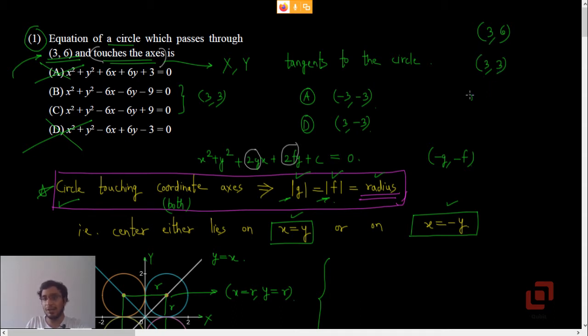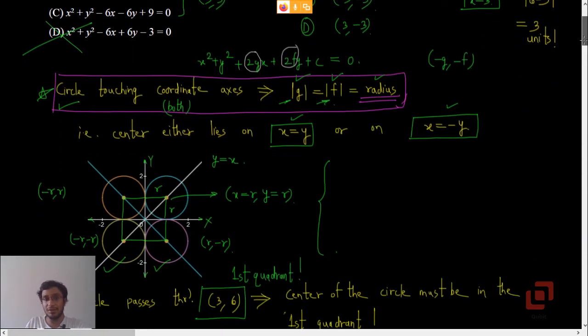Yes, both are equal to 3. So how far is this point, let's call it A, from the center of the circle? The distance between these 2 points is going to be the mod of the difference between the y coordinates. Yes, 3 units. So we automatically got the radius of the circle, correct?